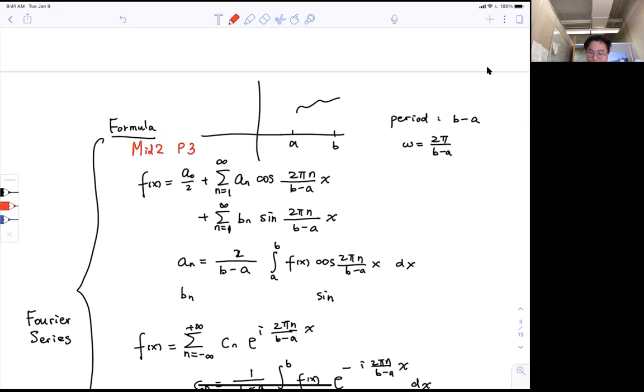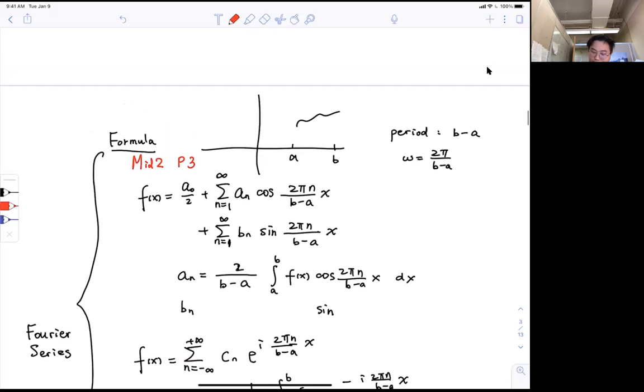For example, let's say I have a function given from A to B like this, and I tell you the period is B minus A, meaning that the function on the whole axis is like this. You just repeat this, right? Then I ask you to do a Fourier series expansion.